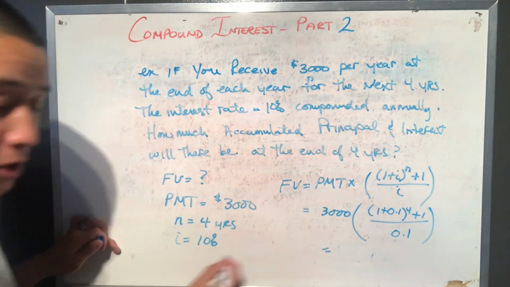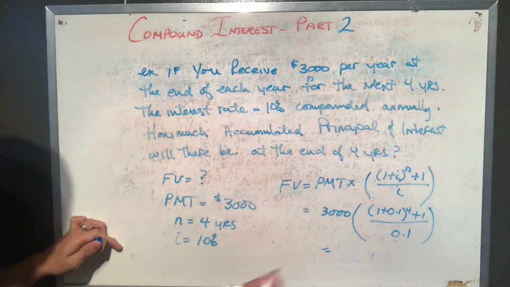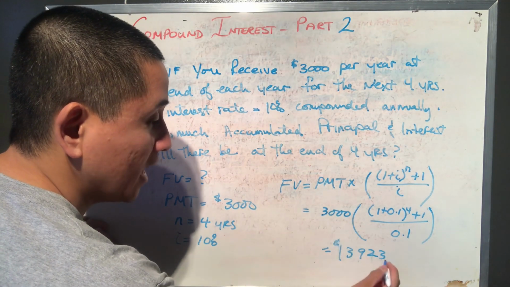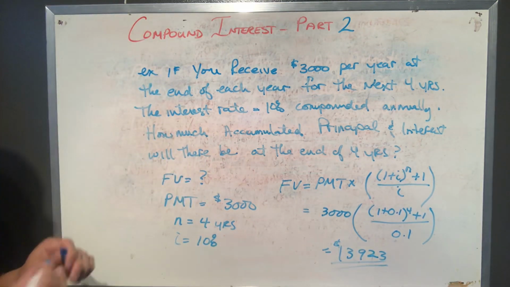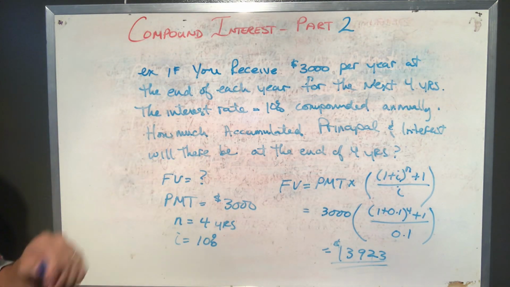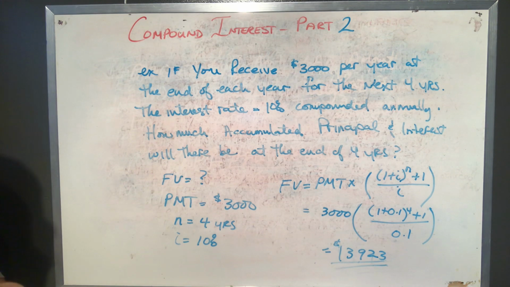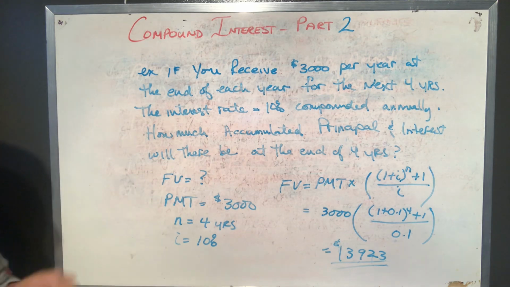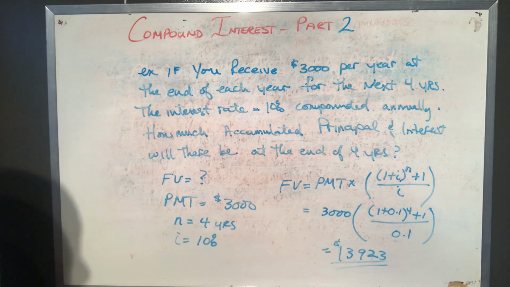If we compute that, that would give us $13,923. So at the end of 4 years, all of the principal amounts that we receive, plus interest on the principal, plus interest on the interest, because it's compounded, would yield $13,923.